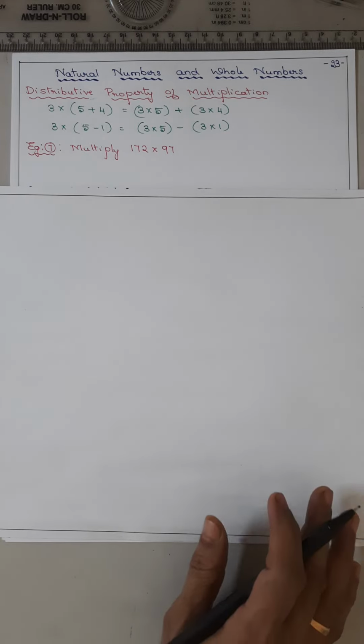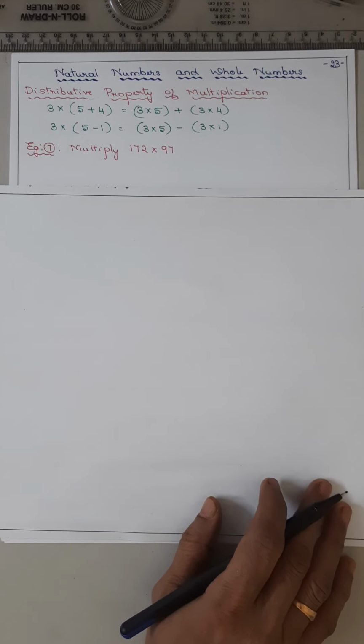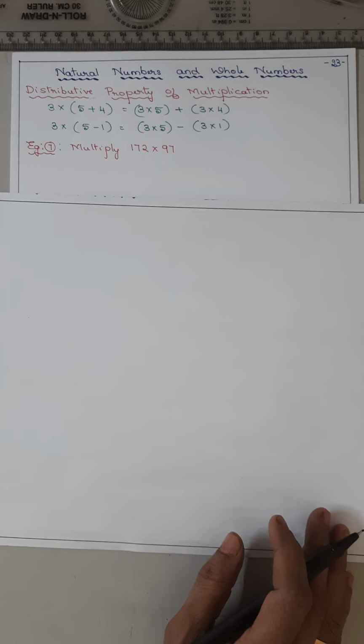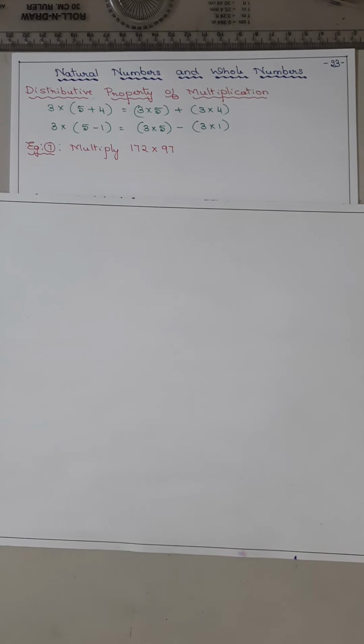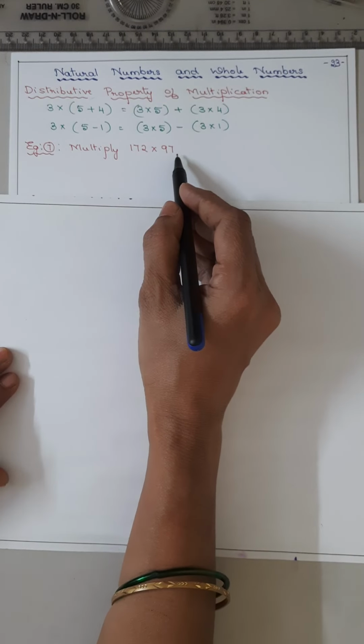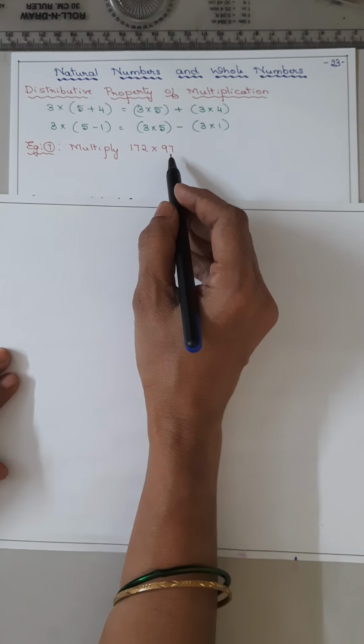Multiply 172 into 97. Now you see 97, any numbers which are near to 10, 100, 1000, they can be either added or subtracted, and it will be easy for you to solve. So 97 is near to 100, isn't it?